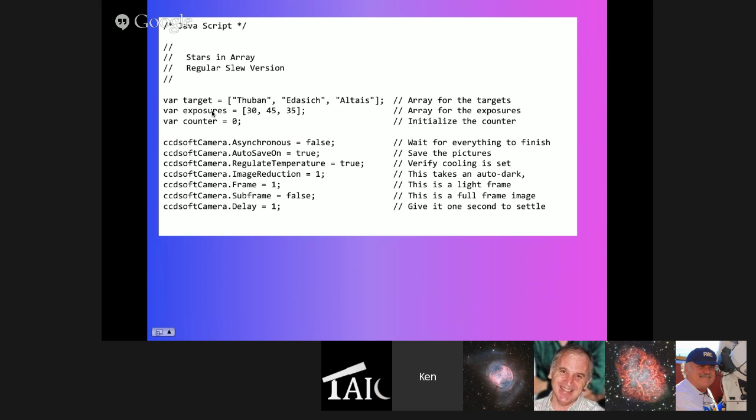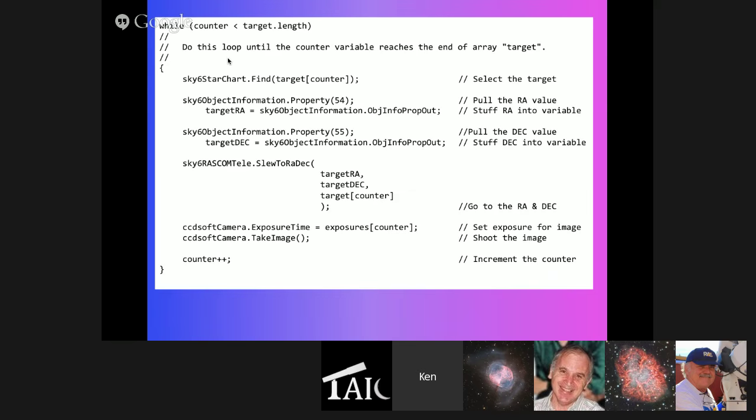Then I have another array here, which is my exposures. I'm going to say take 30 seconds at Thuban and 45 at the next one. Then I've got this counter variable down there, which starts at 0, and I've created this while loop. target.length is just the JavaScript command that says how many things are in this array, and in this case, there are 3 things in this array.